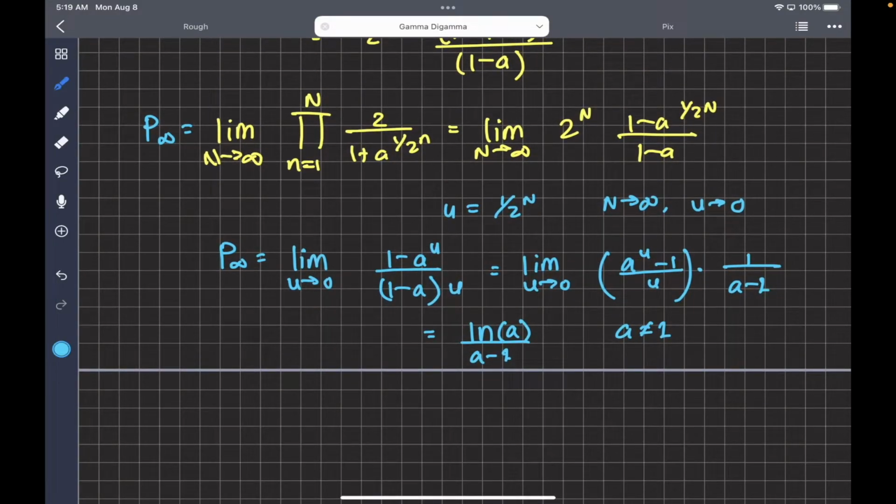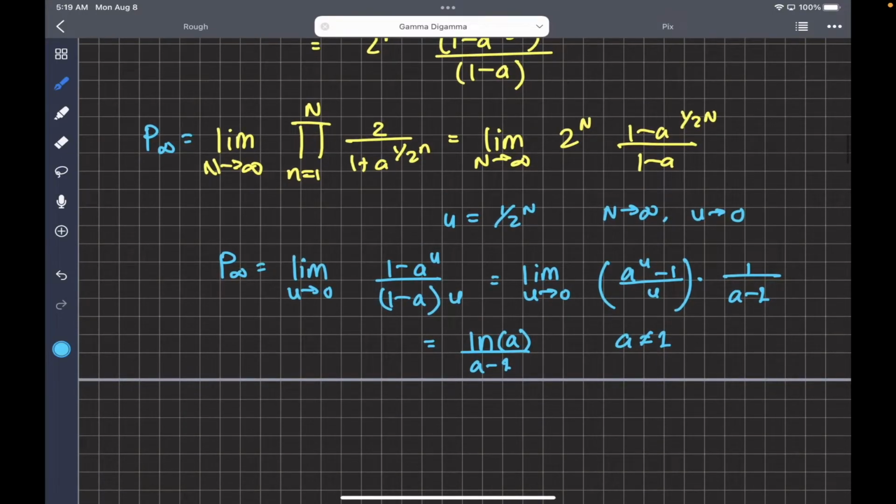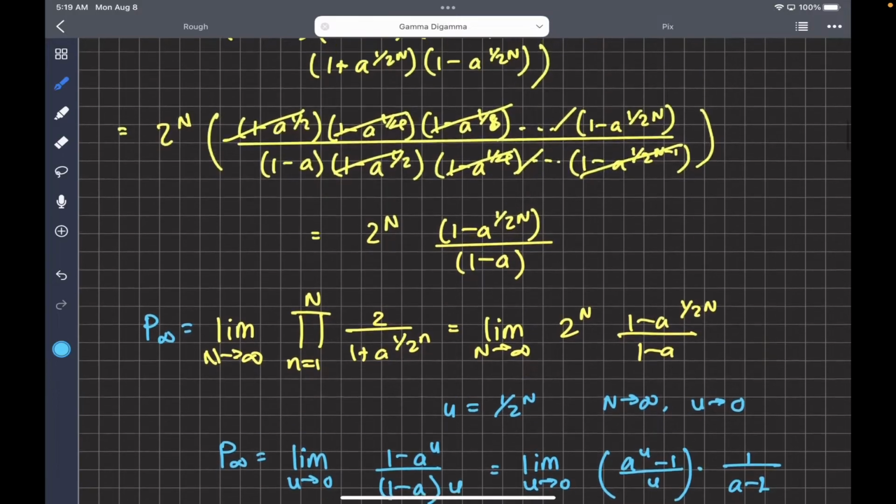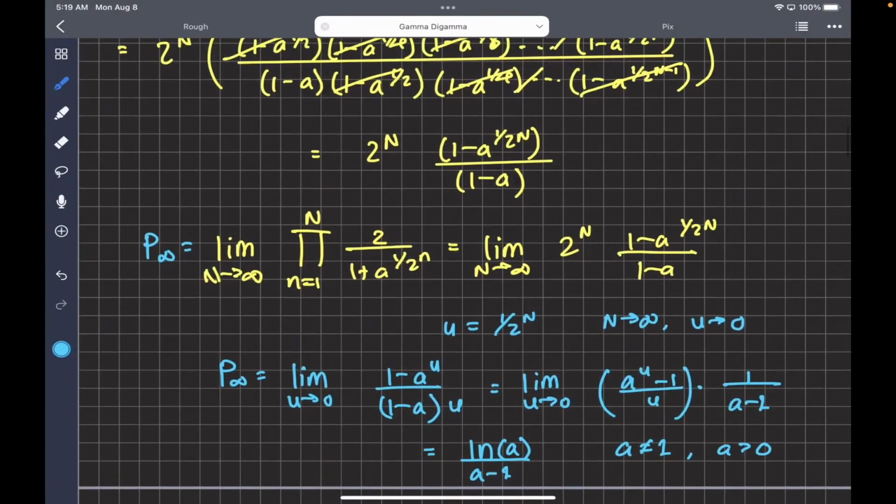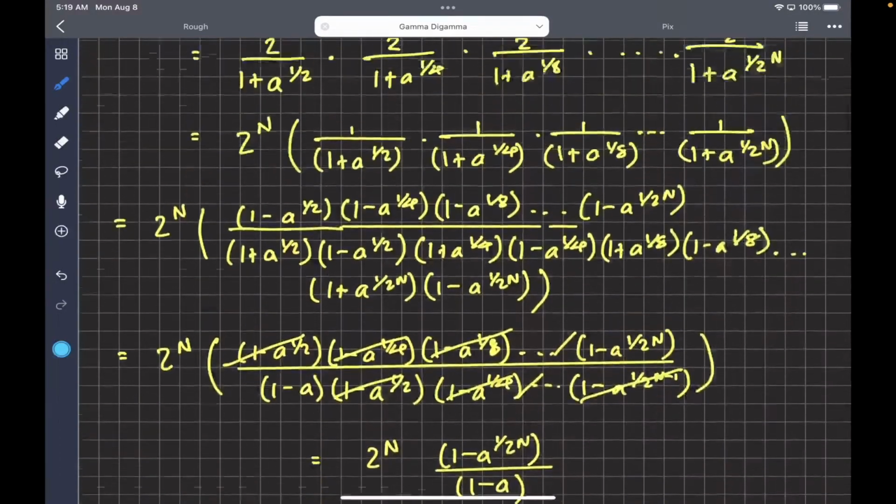And of course a can't be negative because the natural log will sort of mess up. So a is not equal to 1 and a is greater than 0. We should have these conditions in place, and then it converges nicely in the infinite limit.